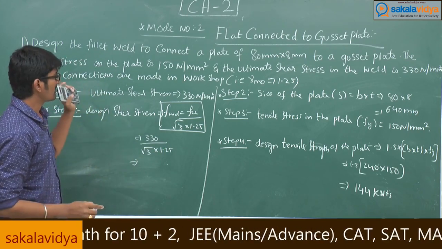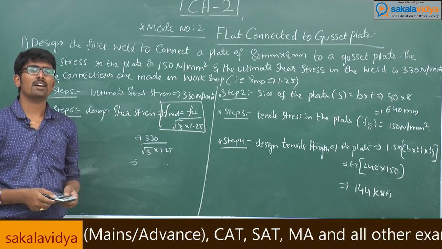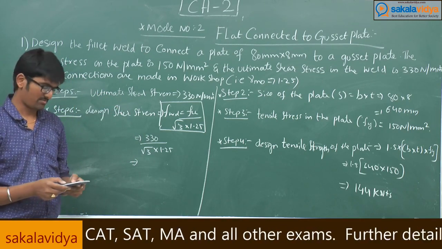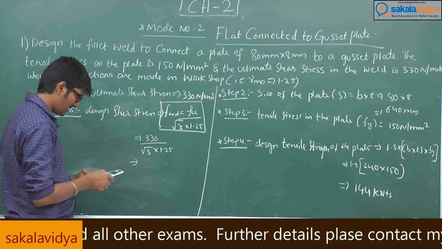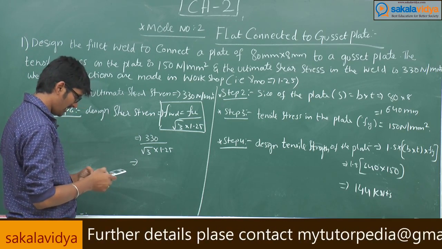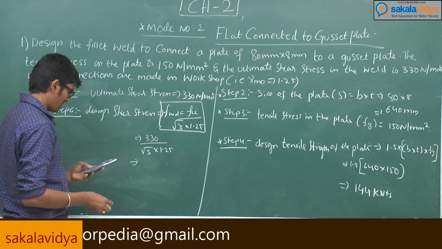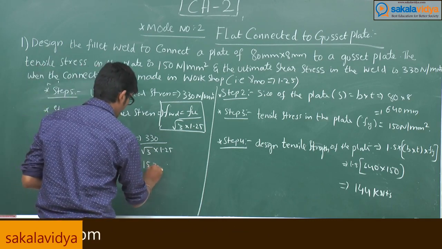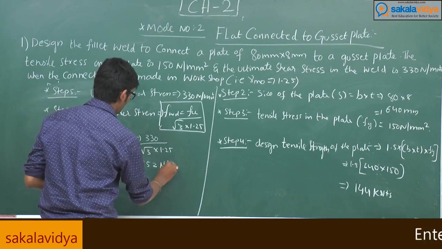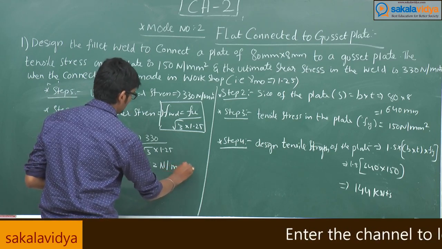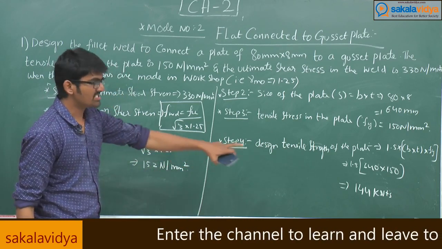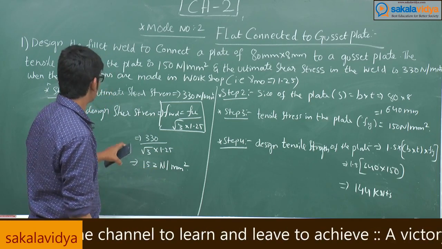Because in the question it is given that the connections are assumed to be made in workshop. So 330 divided by root 3 into 1.25 is 152 Newton per mm square. That is the design shear stress.